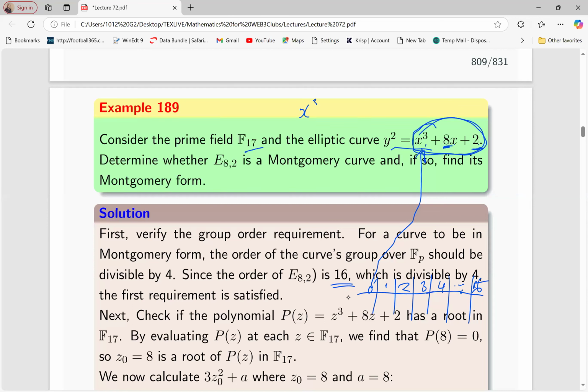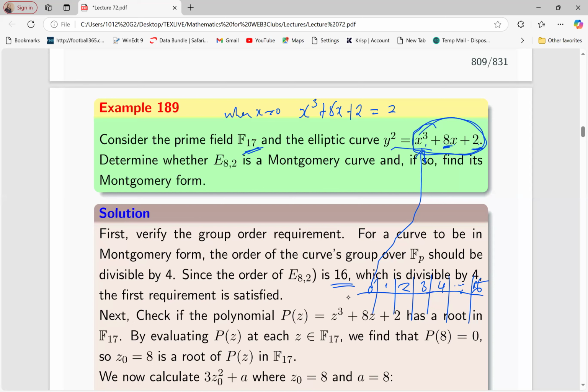So when x is 0, this gives us 2. It means 0 is not a root.